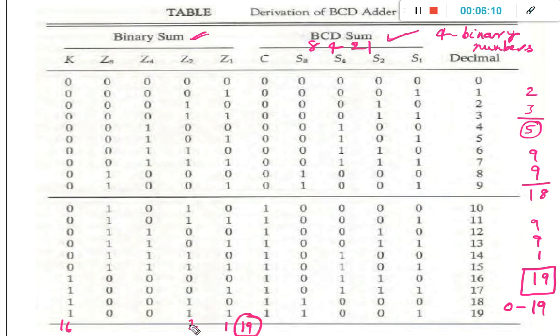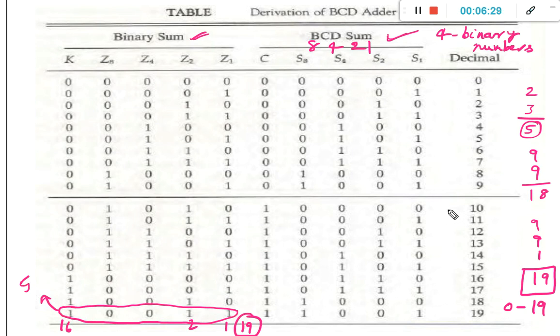Like this we represent it. However, in this representation we used 5 binary digits. This is not possible in case of the BCD sum.